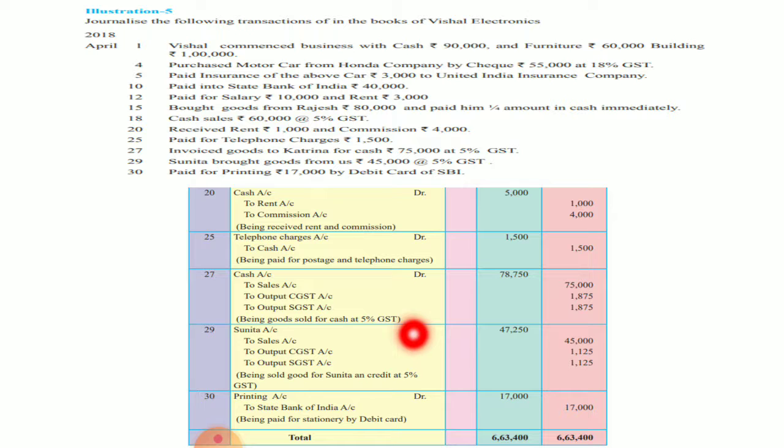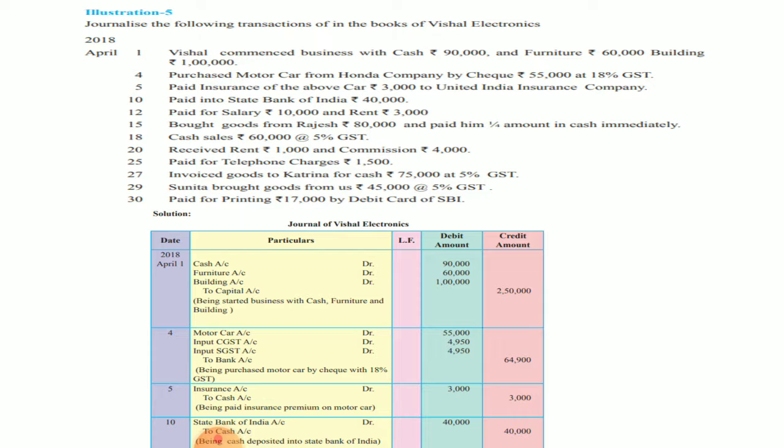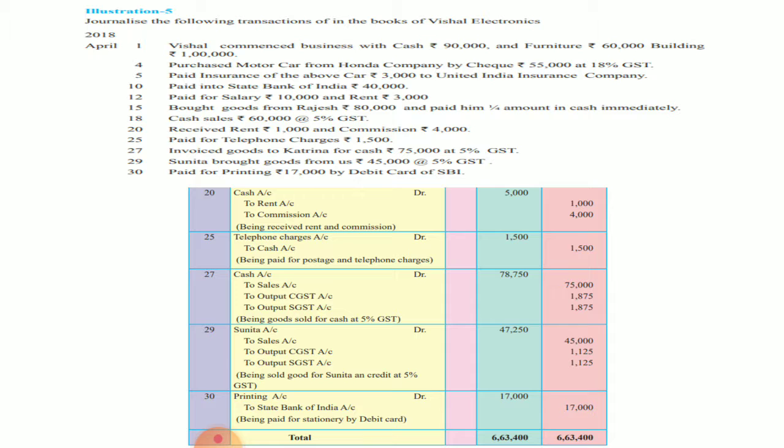Okay, then afterwards on April 29, Sunita brought goods from us 45,000 at 5% GST. So when it is brought, it is what? Sales. We have sold the goods. So Sunita's account debit to sales account, how much is our sales? Our sales is 45,000, output CGST 1,125, output SGST 1,125.